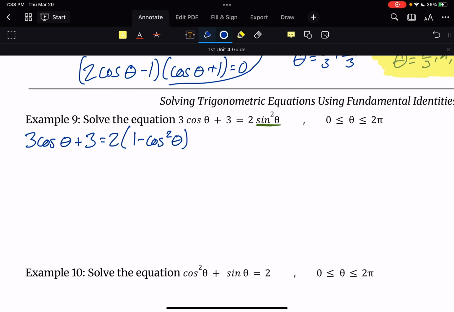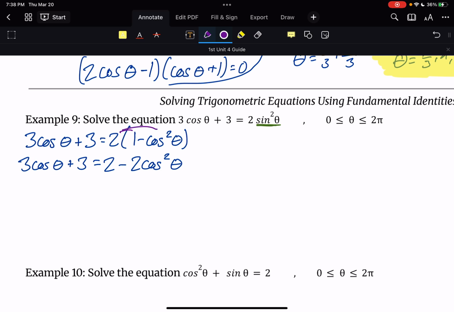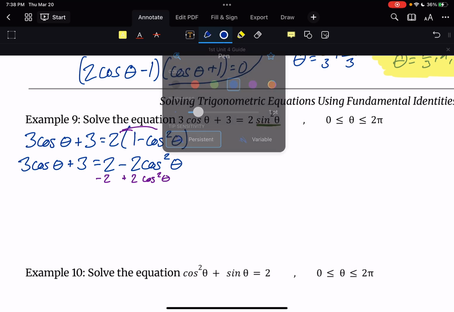And we can go ahead and distribute that 2. So that gets me 3 cosine theta plus 3 is equal to 2 minus 2 cosine squared theta. And now if we're thinking of how we can factor this, remember we need to get all things to one side. We need to get it equal to 0. So I'm going to add 2 cosine squared theta and subtract 2 from both sides.